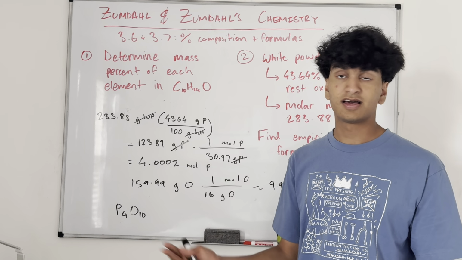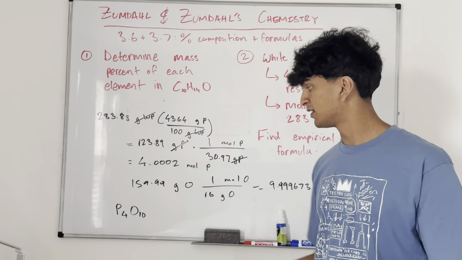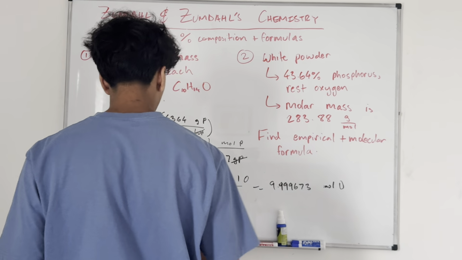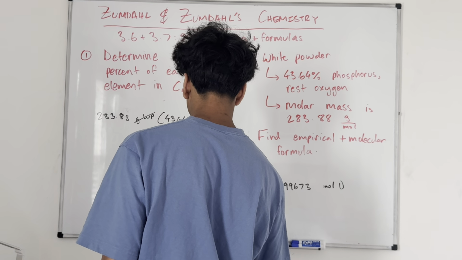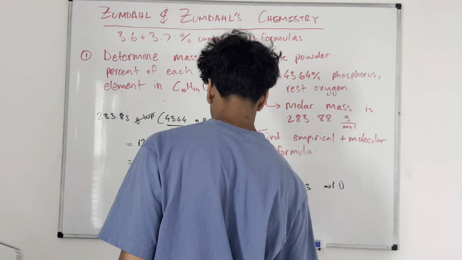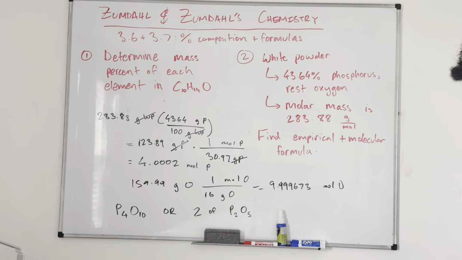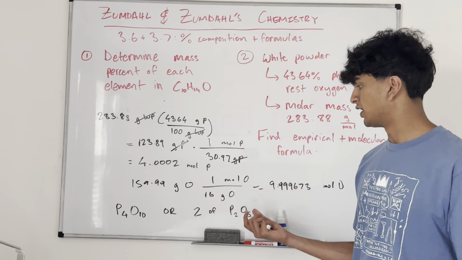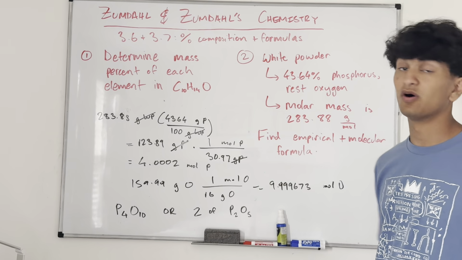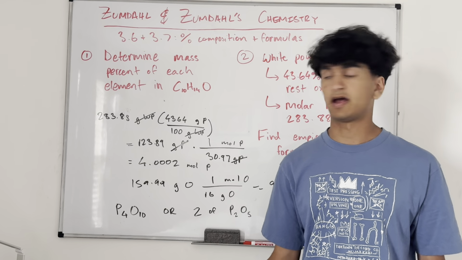Or I could also say I have 2 moles of P2O5. So it's either P4O10 or 2 of P2O5. That seems pretty reasonable, right?